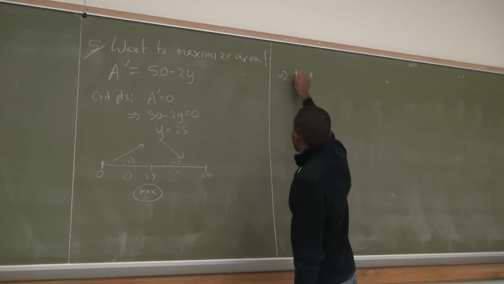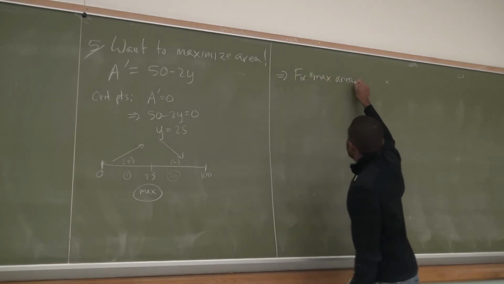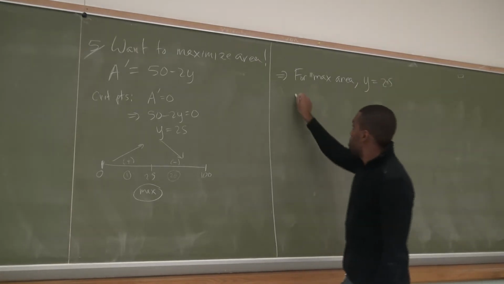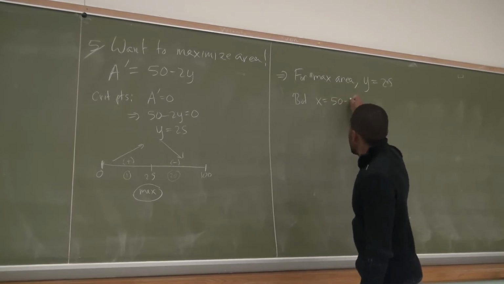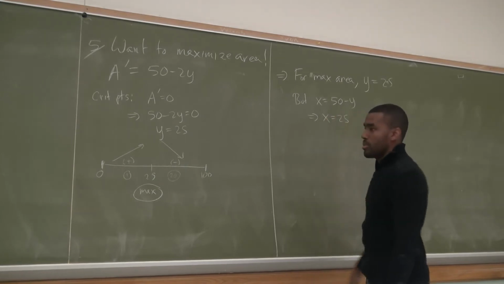This means for max area, y must be 25. But x is equal to what? 50 minus y. This means that x is also 25.